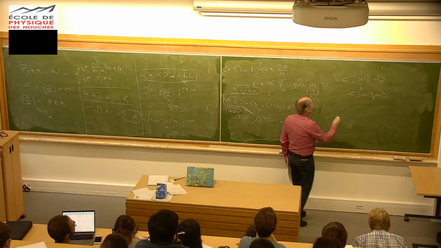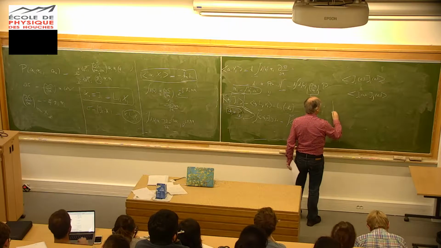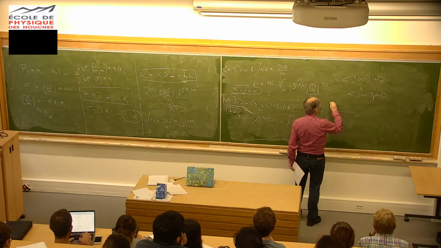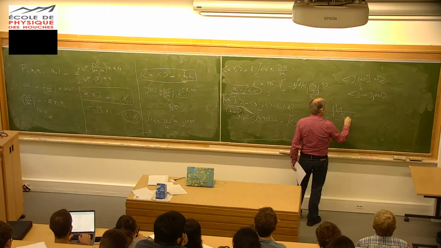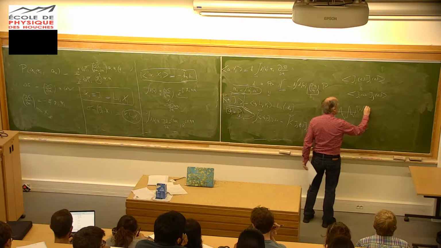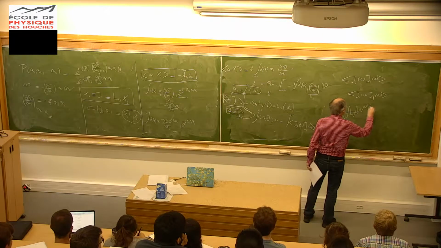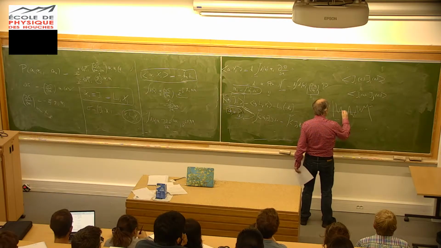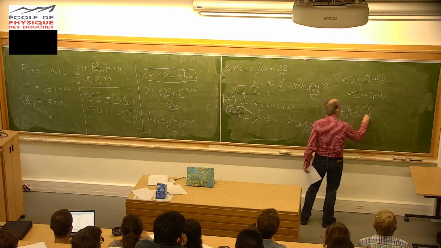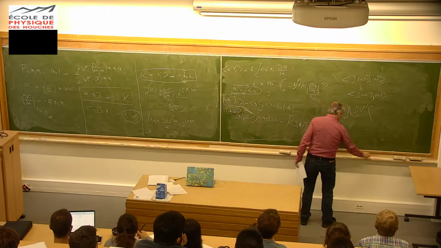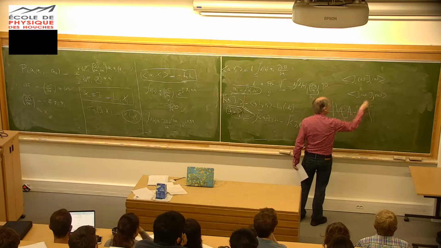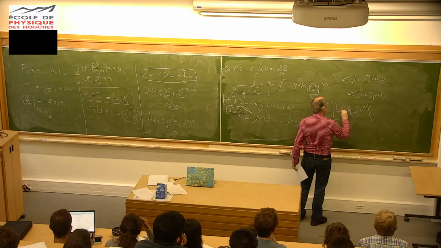Now I do something else, and I say that if I look at fluctuations in the system, take for instance the quantity j of i that is fluctuating in time, and j of j that is also fluctuating in time, and I'm computing the correlation function. That basically means that for any time difference t, I take the product of these two, and that I do for many different time origins.